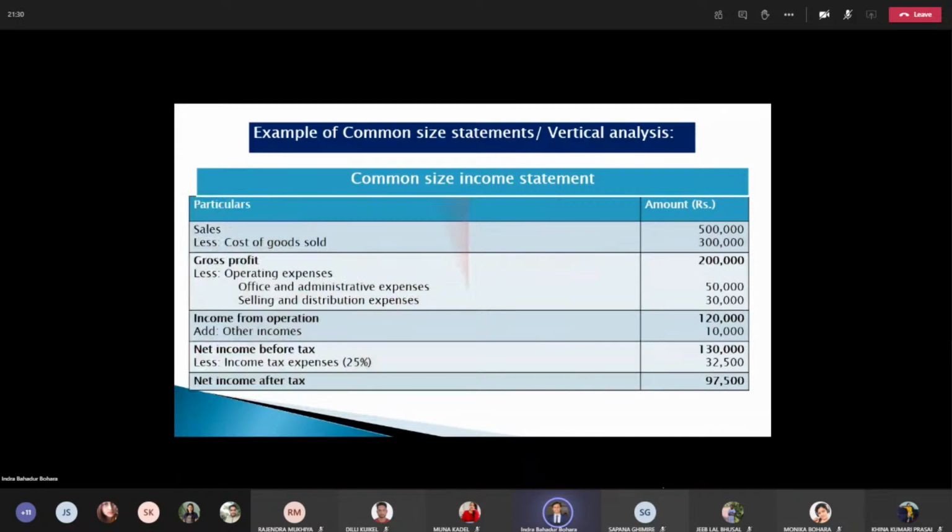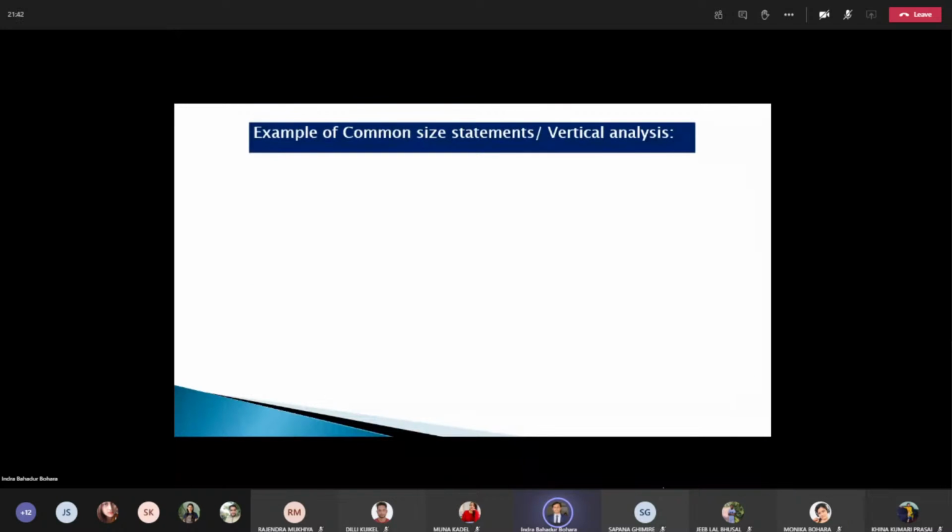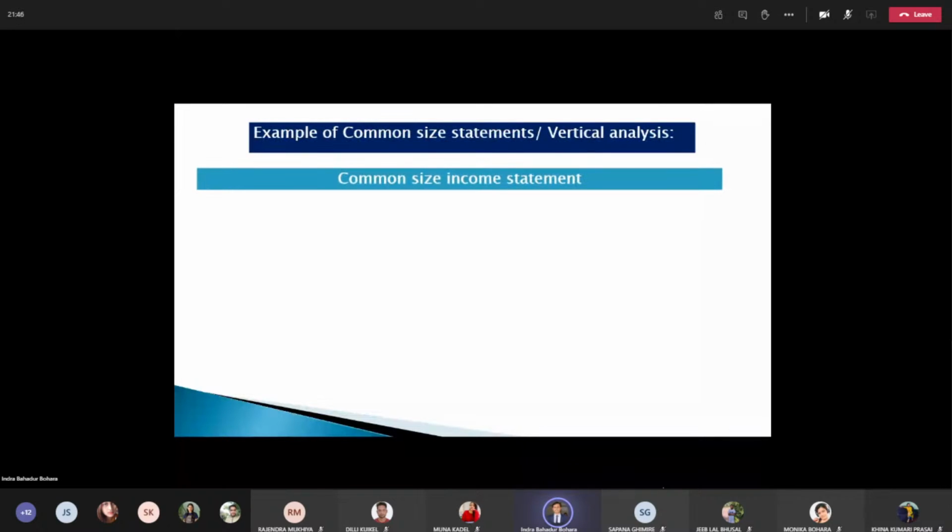Now you are given the income statement here. Suppose sales is 5 lakh and cost of goods sold is 3 lakh, and this is the income statement prepared. As per the income statement, we assume 100%.